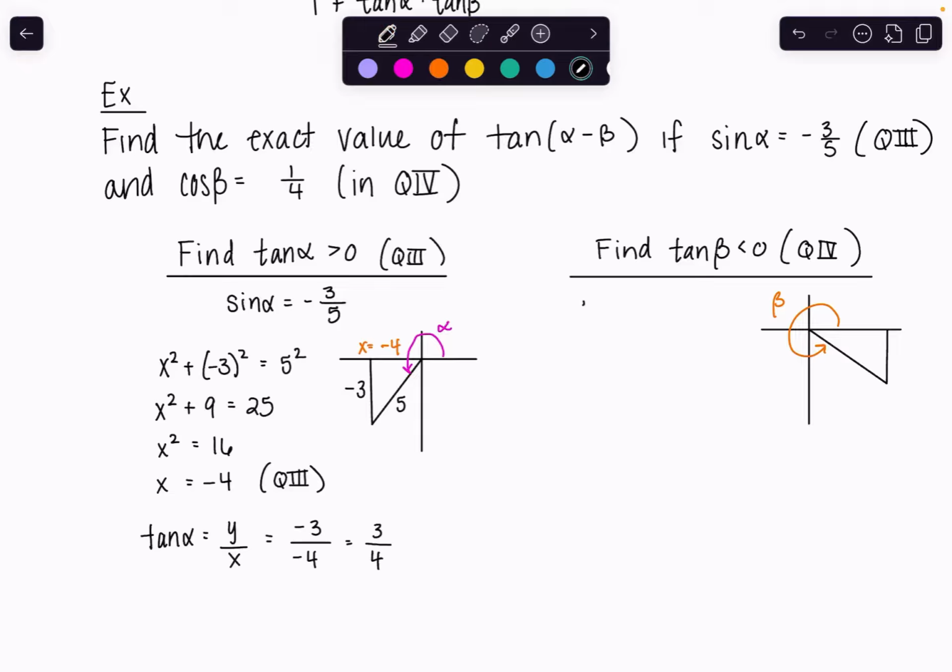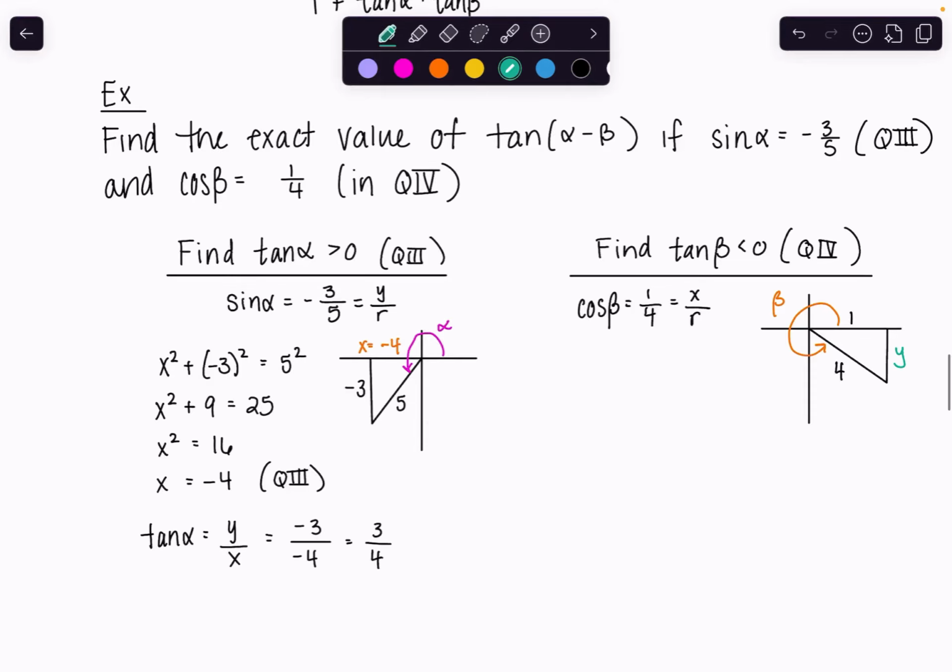And I'm given that cosine of beta is 1/4. So this is my x value over my hypotenuse. This is my y value over the hypotenuse. So here my x value is 1, my hypotenuse is 4, and I need to figure out what y equals. But it's going to be negative because it's quadrant 4.